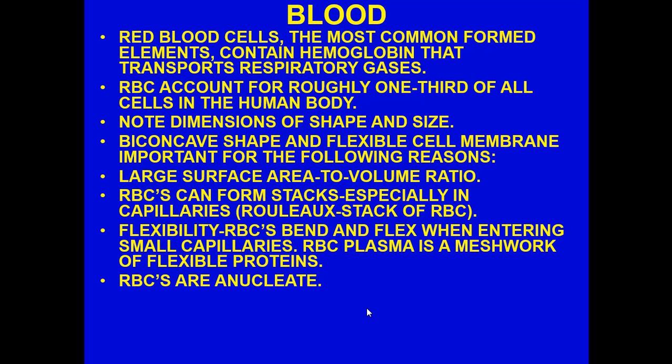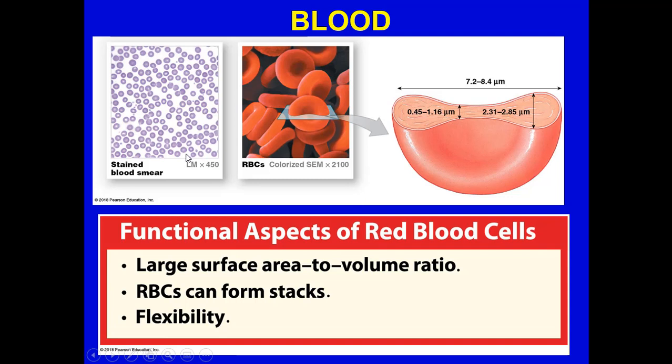Red blood cells have a certain flexibility. They can bend and flex when entering small capillaries. The red blood cell membrane is a meshwork of flexible proteins. Also, red blood cells are anucleate, meaning that they lack a nucleus. Here's what you see for a stained red blood cell smear. You'll notice that some of them look like donuts.